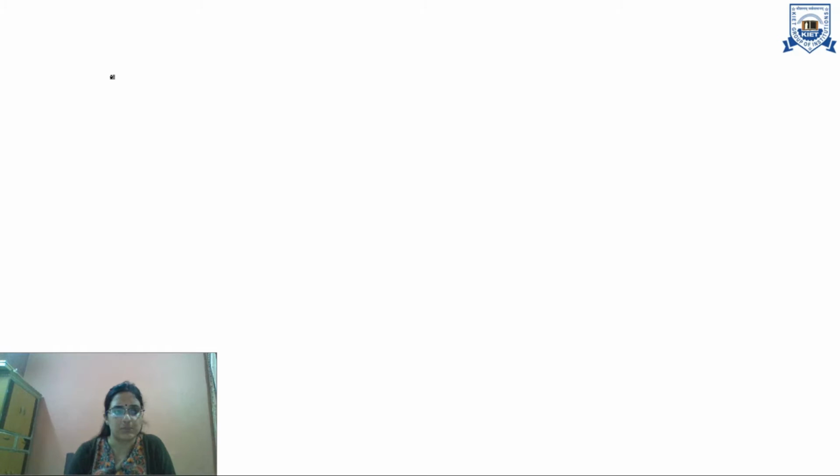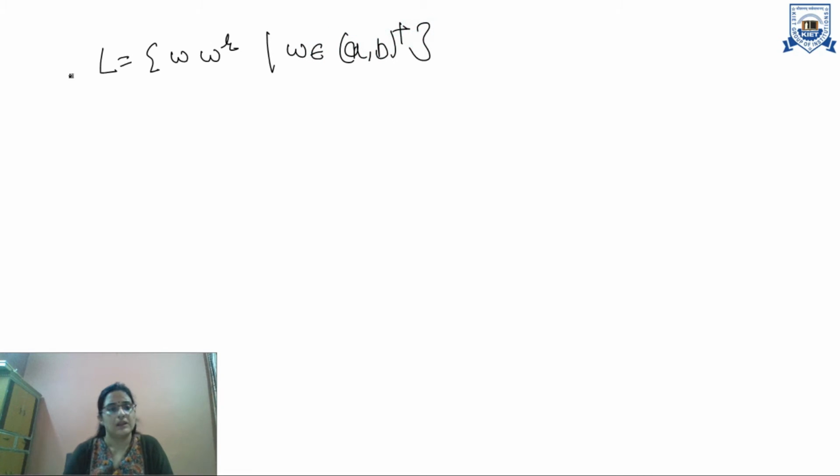Now the example of non-deterministic pushdown automata. Let L be a language which contains W W^R, where W is a string containing the symbols A and B and combinations of A and B. So here W is a string.